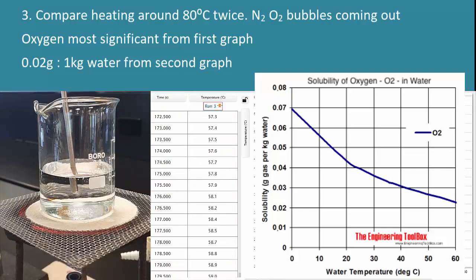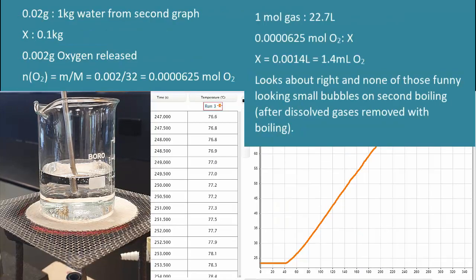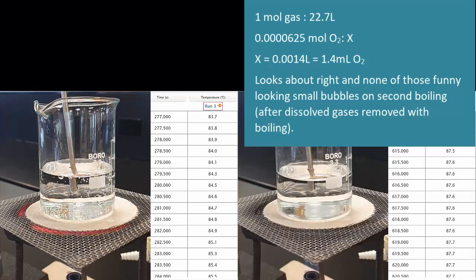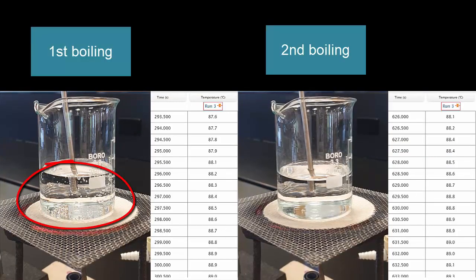From that graph, the amount of oxygen is about 0.000625 moles. If we do the stoichiometry on that, that will be approximately 1.4 mL of oxygen. If you look at the bubbles that are forming, it looks to be about a mL.